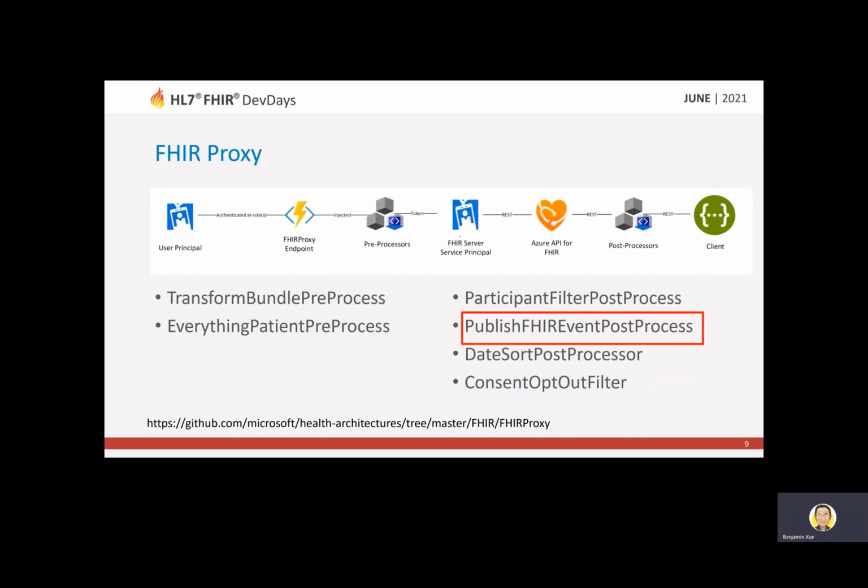For example, publish a FHIR post event process. This processing module will publish FHIR create, update, and delete events for resources to a configured destination, such as Azure Event Hub. These events can be subscribed to by any number of consumers in order to facilitate any number of orchestrated workflows.